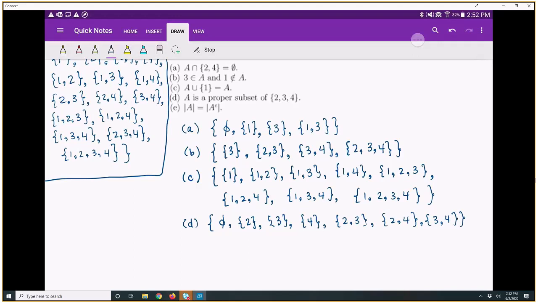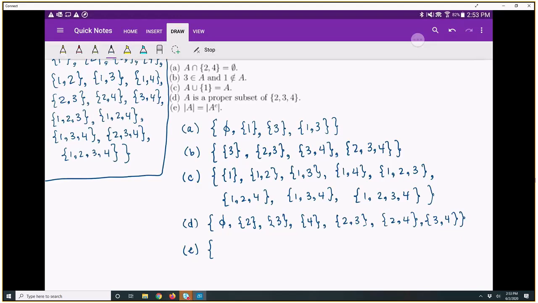So in fact, it's the entire power set of {2, 3, 4}, except for the set itself. And the final proposition for this exercise is that the cardinality of A is equal to the cardinality of A complement. So again, we have to think about what kind of a set would make this proposition true.